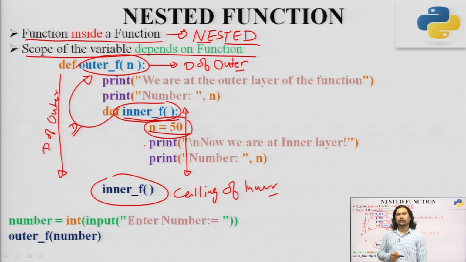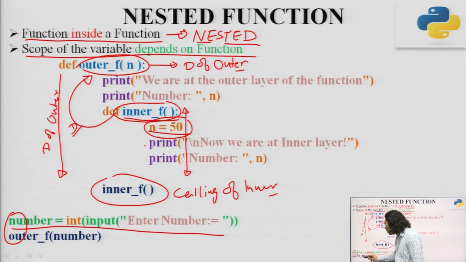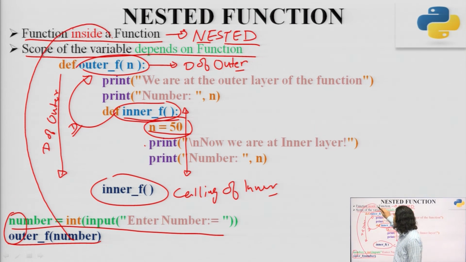The only one which is going to call the inner function is the outer function. Once the outer function is called, that is the only way we have, and that is given by the main code. The main code takes a number from the user, followed by the calling of the outer function. Once the function is called from outside, it will go to the definition of the outer function.